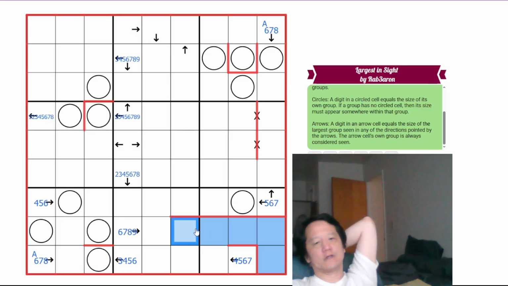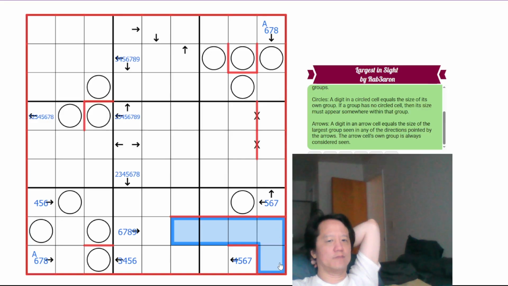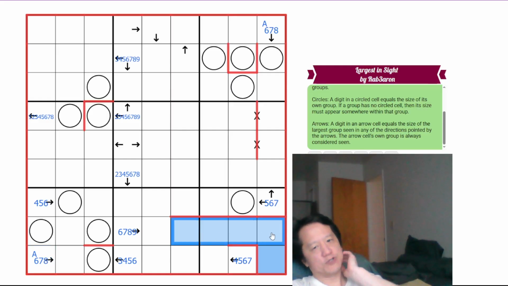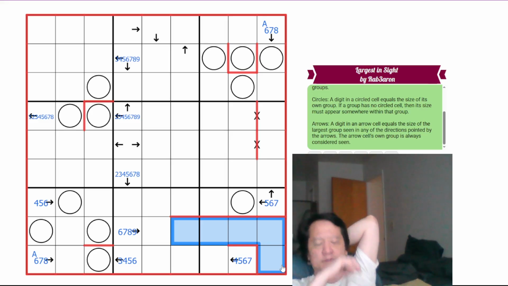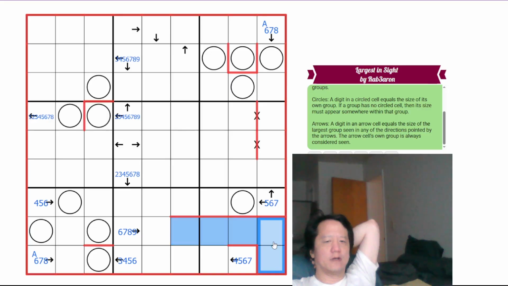Oh, interesting. This region cannot go to one of these circles here because that circle would have to have the size of that region, and this one points to this region specifically. So this can go here. It cannot ever go up above row 7. Sorry, above row 8.